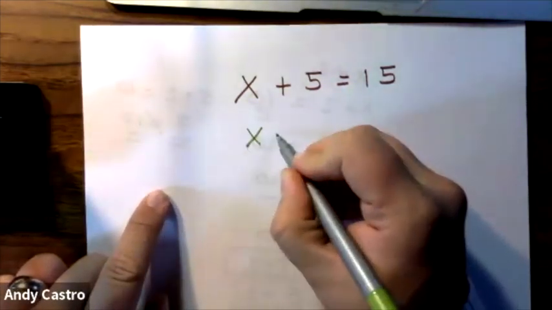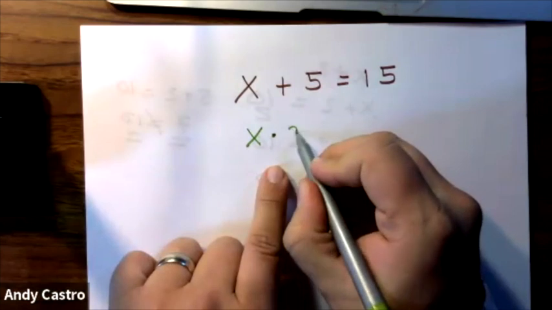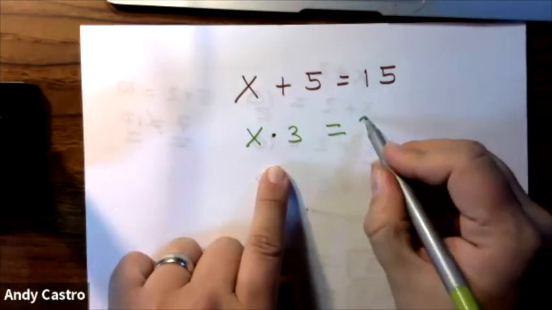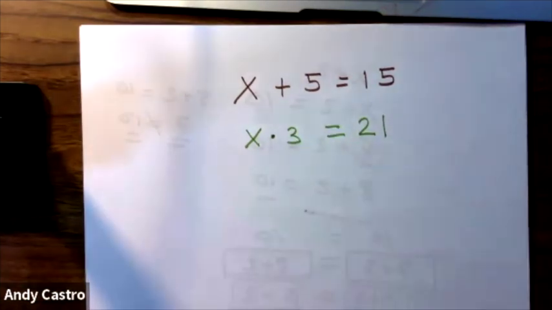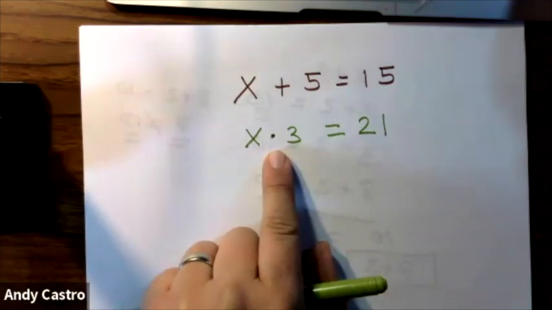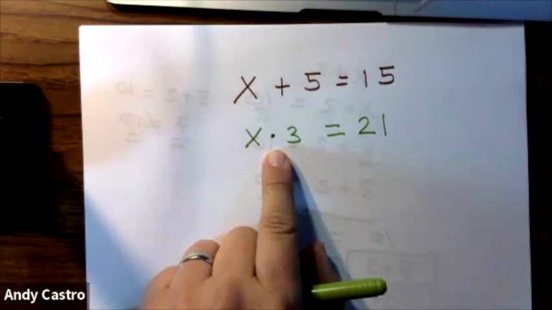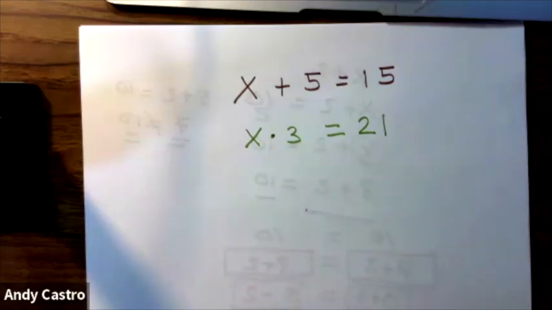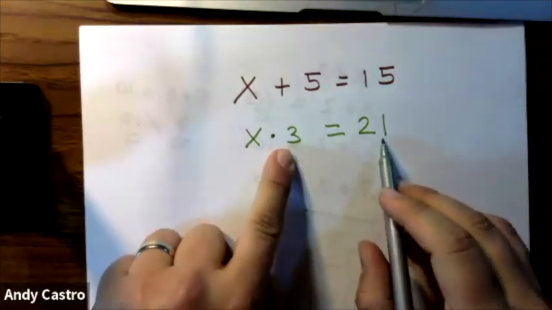If I said that x times 3 is equal to 21, what does x have to be? X times 3 is equal to 21. Okay, got a couple of answers there. Got one right, got one wrong. Okay, we'll go over this one. Got another one right. Got another one right, got one wrong. All right, so let's look at this one. What times 3 is equal to 21?